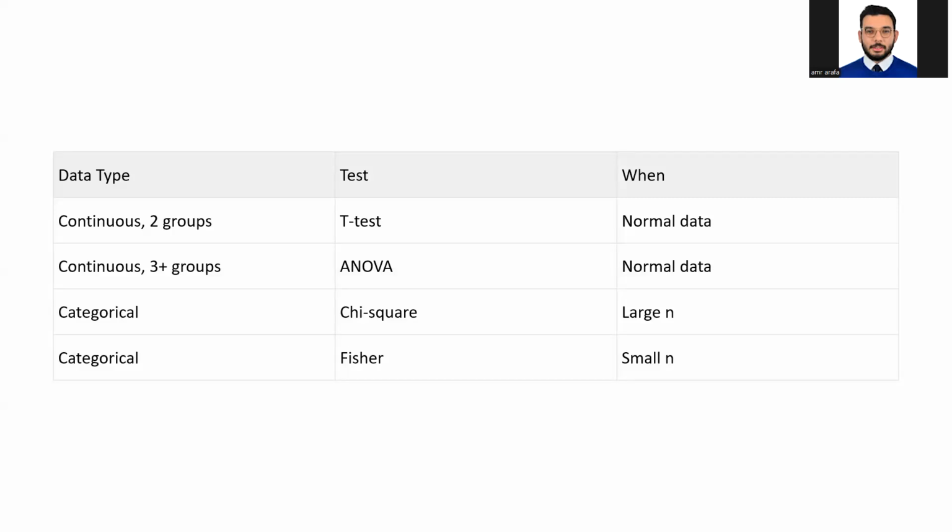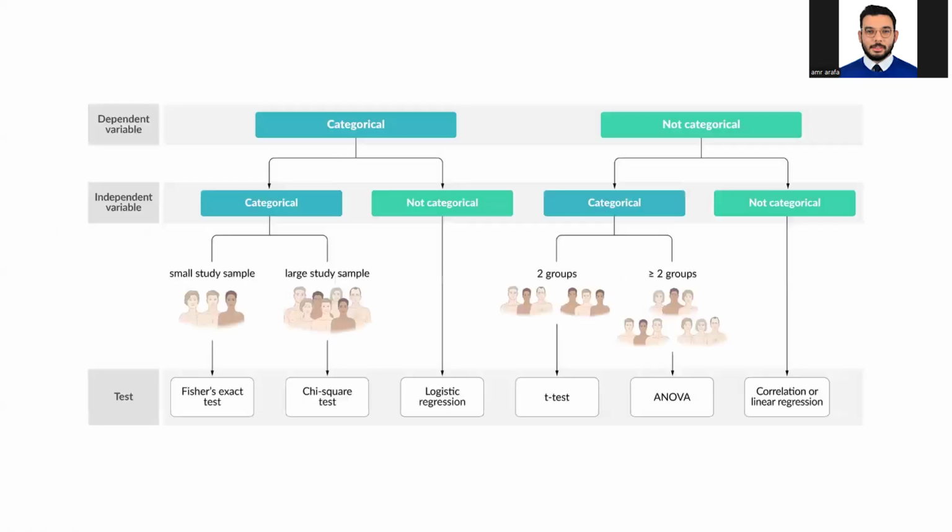If you're comparing more than 2 things, you're going to use an ANOVA. And if you can't put a decimal point, if what you're doing is binary, 1 and 0, you're going to choose categorical chi-square or Fisher.